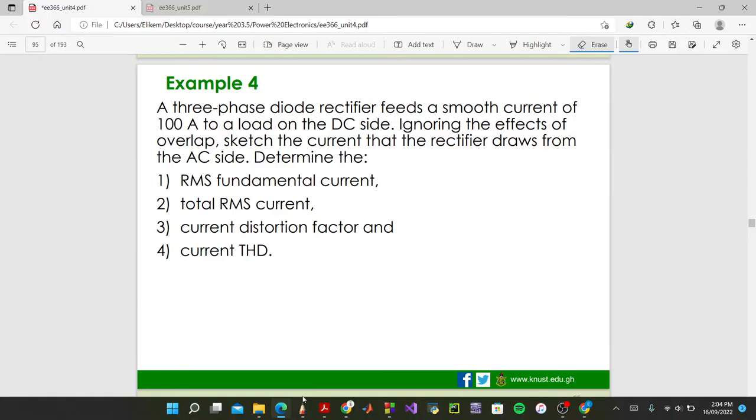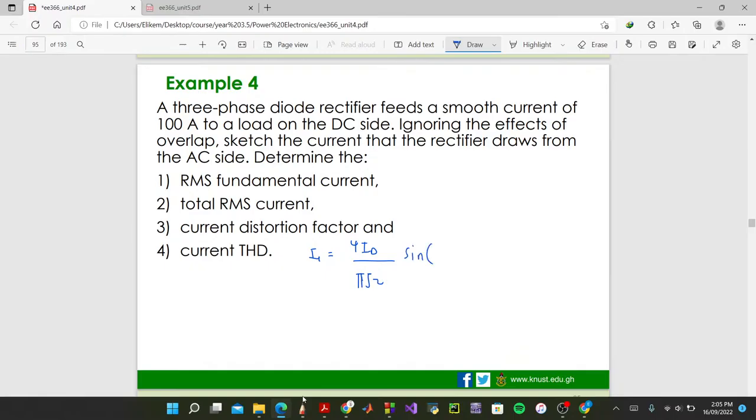All right, say a three-phase rectifier feeds a smooth current of 100 amps to a load on the DC side. Ignoring the effects of overlap, determine the RMS fundamental current. So we know that the RMS fundamental current I1 is 4 ID over root 2 pi times sine 60, for three phase.